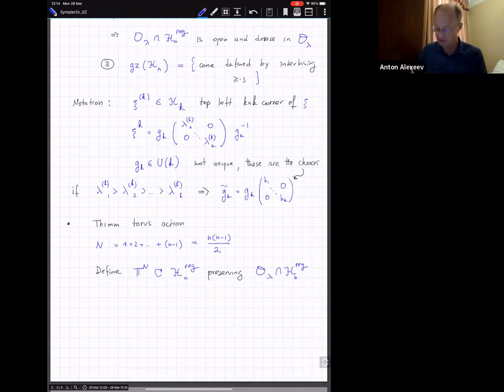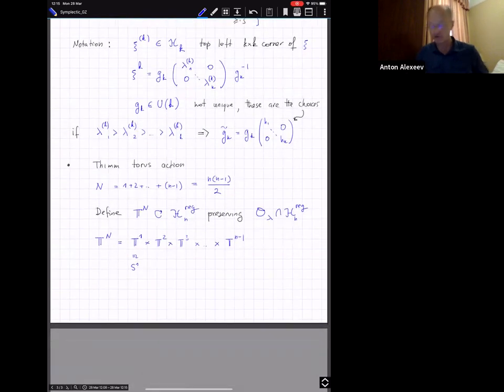Okay, so this Tn will be structured like a one-dimensional torus, that is a circle, times a two-dimensional torus, times a three-dimensional torus, and so on, up to a torus of dimension n minus 1. And I will first define the actions separately.